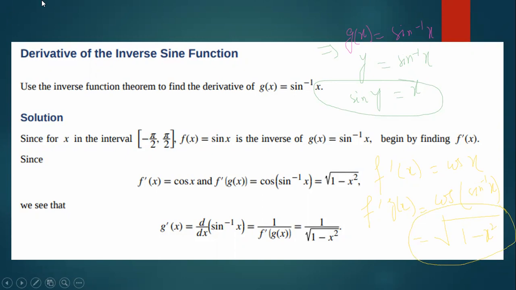Okay, so this is 1 minus x square. After this, the inverse will be 1 upon the derivative of g of x, that will be 1 upon square root of 1 minus x square.